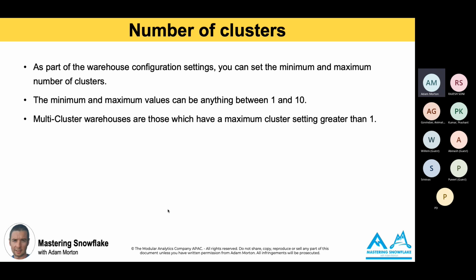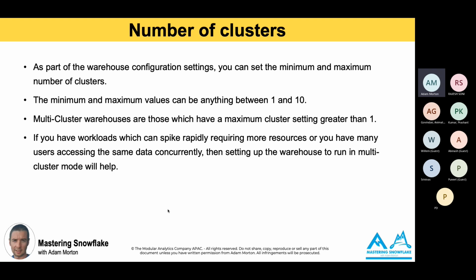But if you were to set the minimum to 1 and the maximum to 10, that allows Snowflake to choose, based upon demand, whether to scale out by adding additional clusters behind the scenes. You obviously pay more for that, because if you've got more than one cluster running, that starts to increase the number of credits that you're using as well. So this can be really useful if you've got workloads that can spike rapidly, but more importantly, it's all about concurrency.